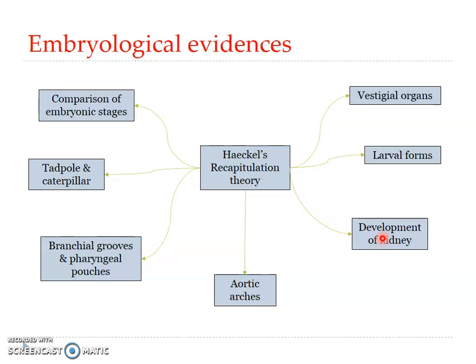But adult higher vertebrates possess only the metanephric. So here also it could be the repetition of the characters of the adult lower groups found in the embryonic stages of the higher ones.